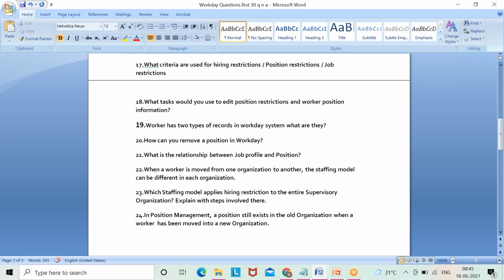In simple terms, can I move only the employee into the new position, new organization, by keeping his existing position as open? Is it possible? Yes, it is possible. True. So you can move the employee into the new position by keeping his existing position as open.